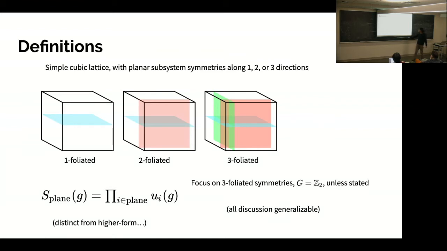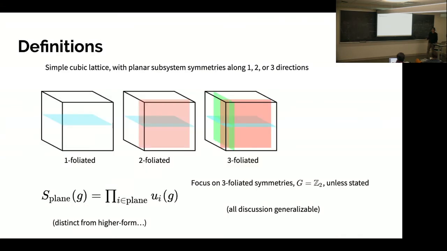And your symmetry operation is going to be just a product of some on-site representation of your on-site symmetry group. In this talk, unless otherwise stated, I'm always going to be focusing on this 3-foliated case with G equals Z2, the simplest case.